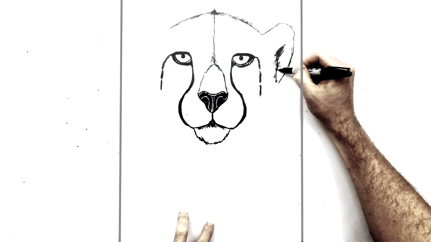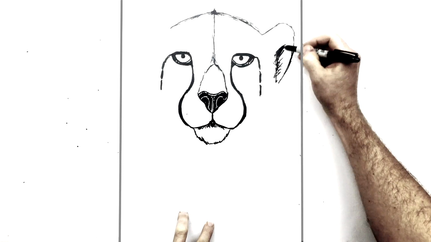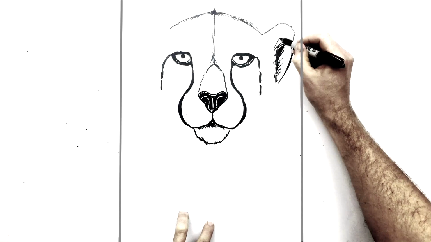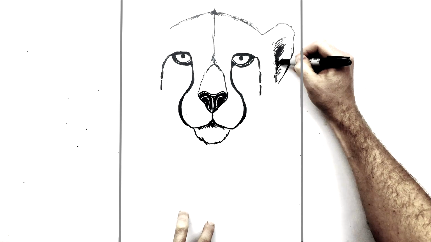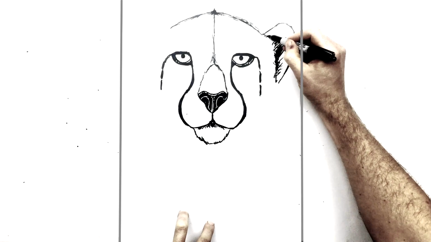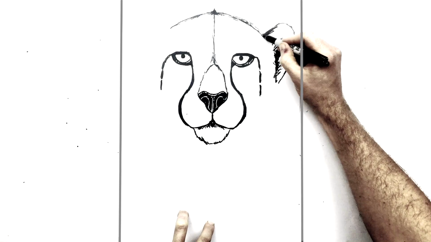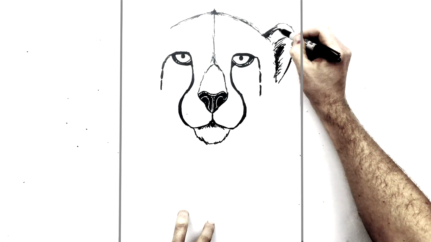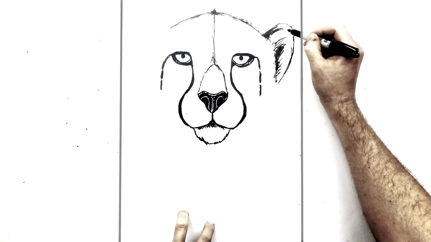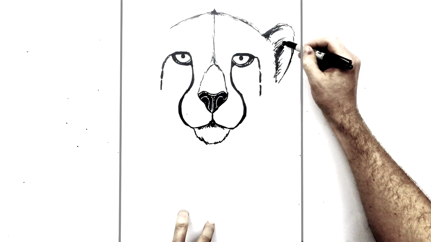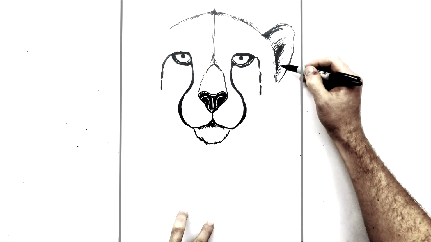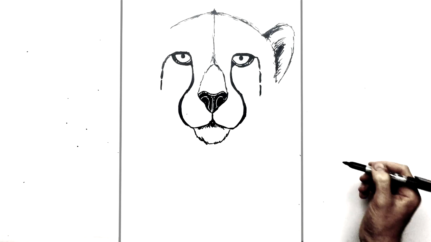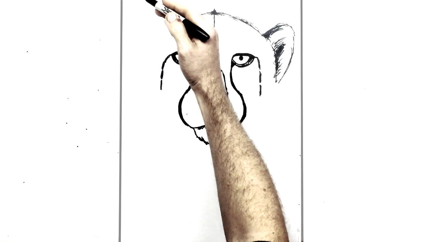And there's like hair sticking up. And then a darker part up here too. Like so. And then same on this side.